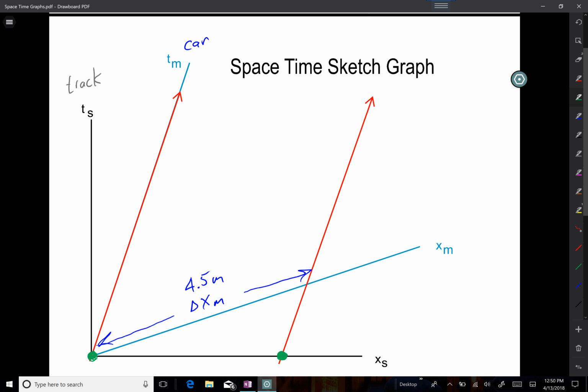And the question on Math Excel is how much shorter is the car because it's moving at 200 miles an hour. So in essence, what I'm saying is you have to do a subtraction problem. You need to figure out delta XM minus delta XS.